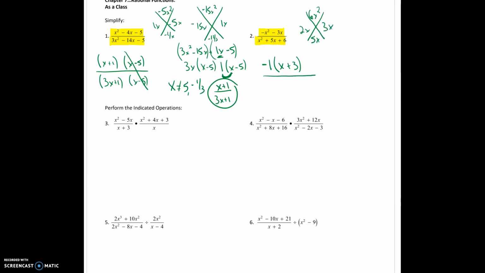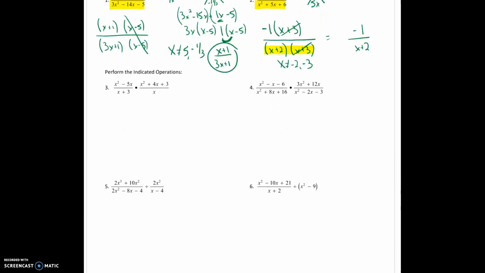So joining my numerator will be x plus 2 over x plus 3. And now the x plus 3's as factors can cancel out, and your answer is -1 over x plus 2. If it had asked about the domain restrictions, my denominator would tell me that x cannot be -2 or -3.